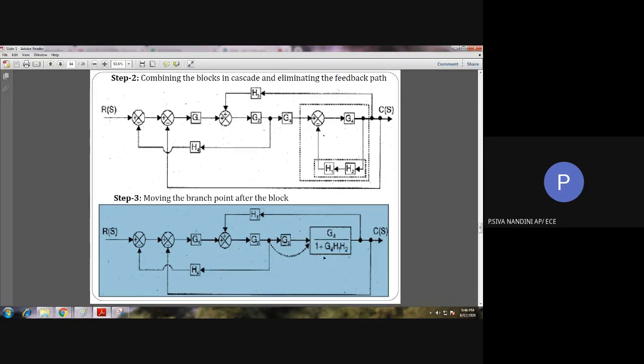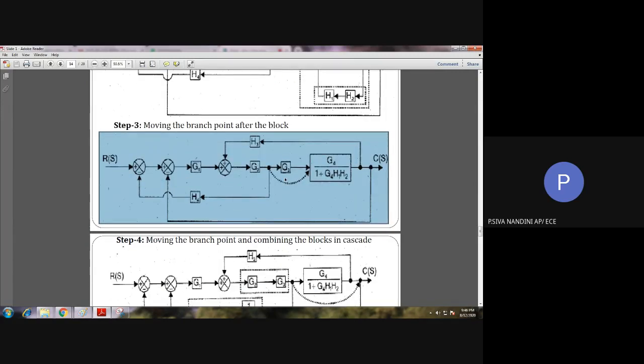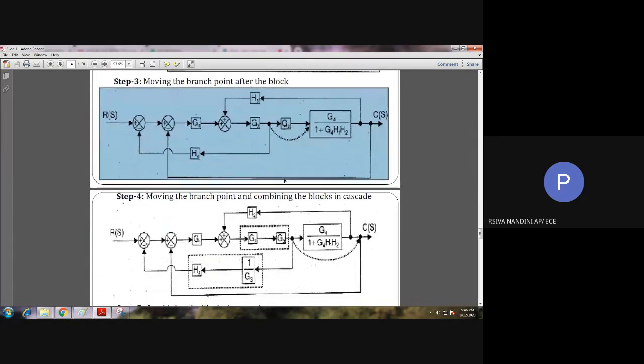Next, we can see whether there is any possibility of a series block or parallel block. We have this series block, but what I am going to do is move this branch point after this block, and after that move this branch point after this block, so I will be able to solve this parallel positive feedback loop.